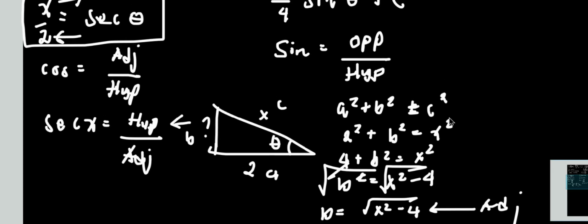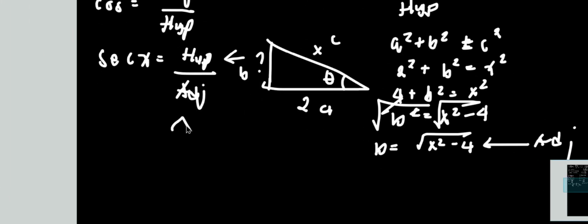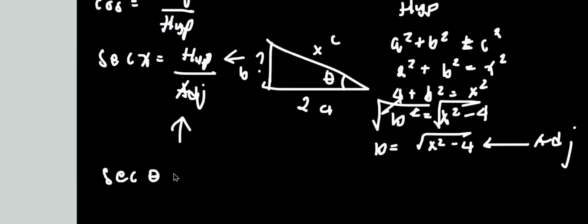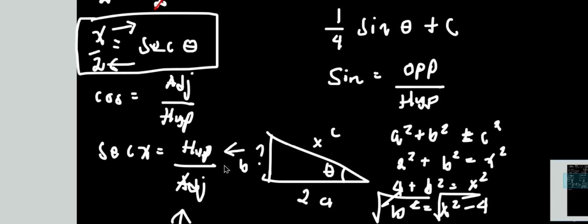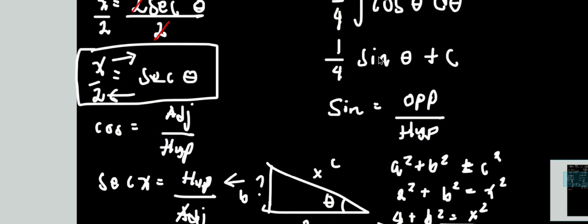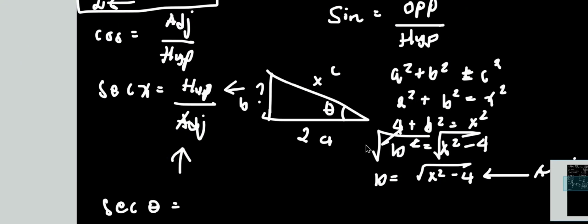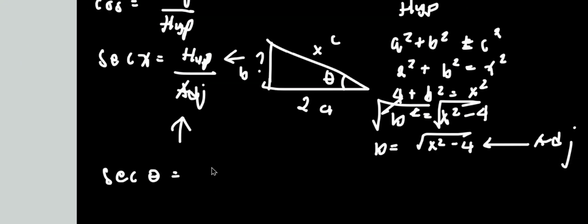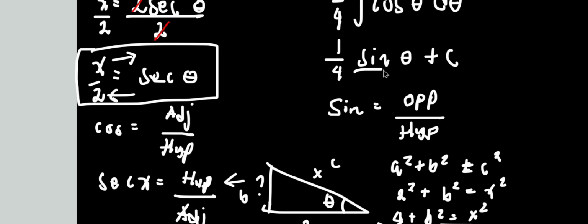So balik tayo dito sa secant. Secant theta is equal to hypotenuse over adjacent. So our hypotenuse here is equal to x. And since may 1/4 dito, I mean, sa sine pala.